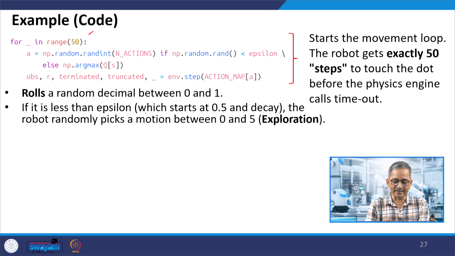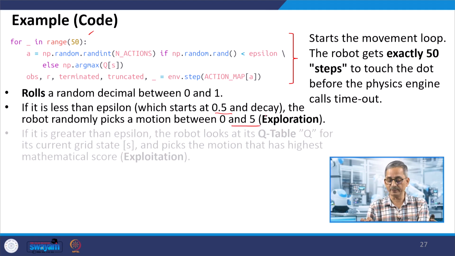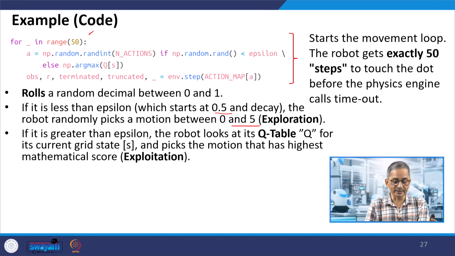If it is less than epsilon, which starts at 0.5 and decays, the robot randomly picks a motion between 0 and 5. If it is greater than epsilon, the robot looks at the Q table for the current grid state and picks the motion that has the highest mathematical score.